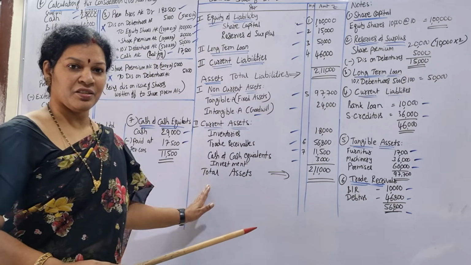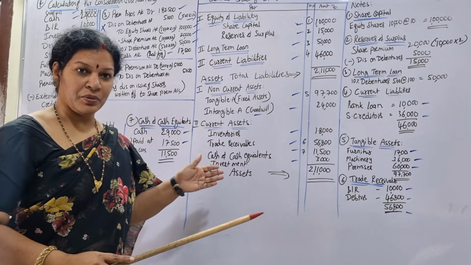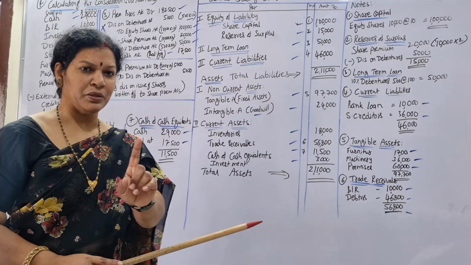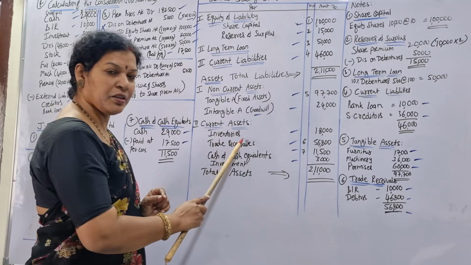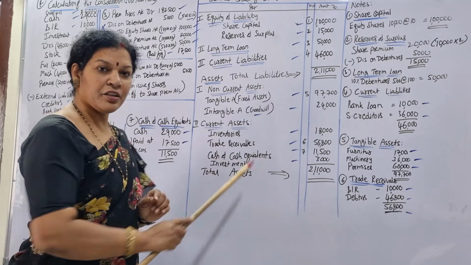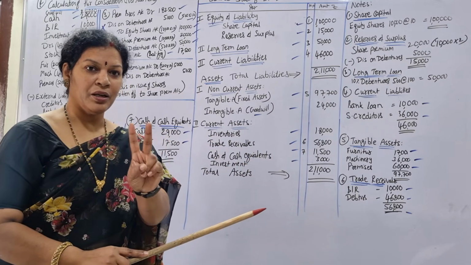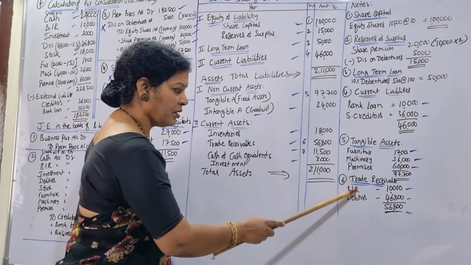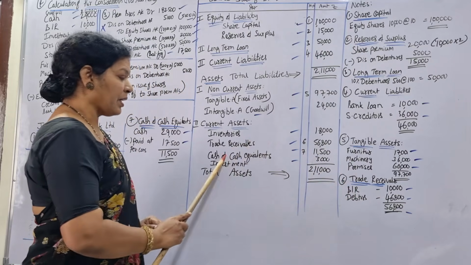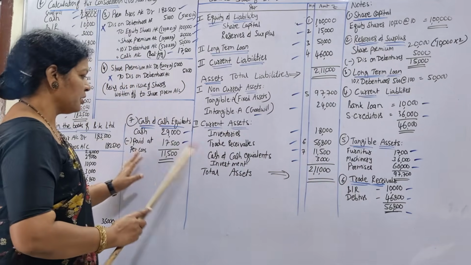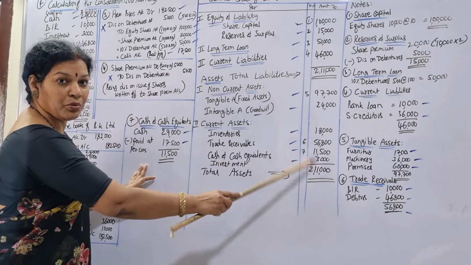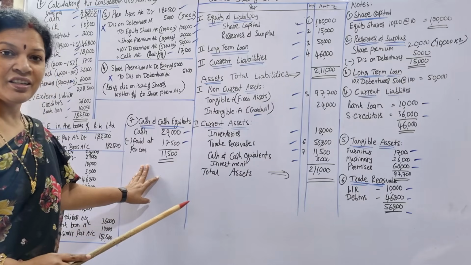Next, current assets. Various current assets we have to consider. One is stock. We don't say stock, we say inventories. Trade receivable means bills receivable and debtors together. Cash and cash equivalents we have shown here, and there is an investment also, which we have considered as a current asset.